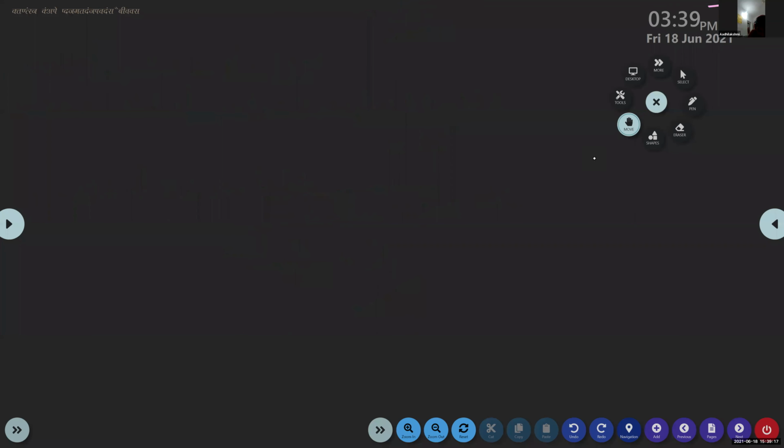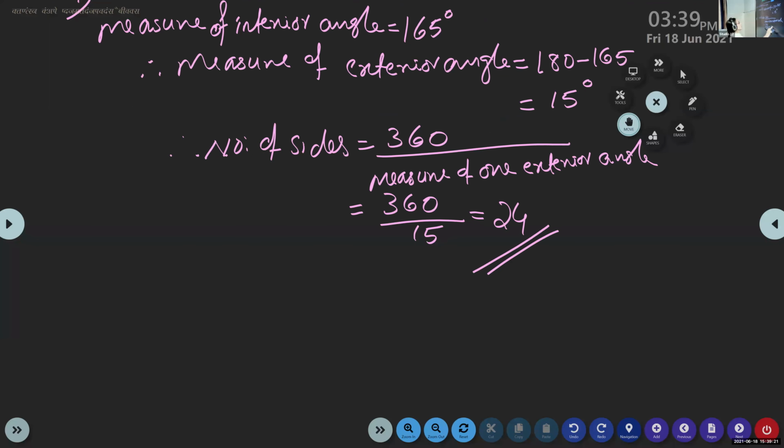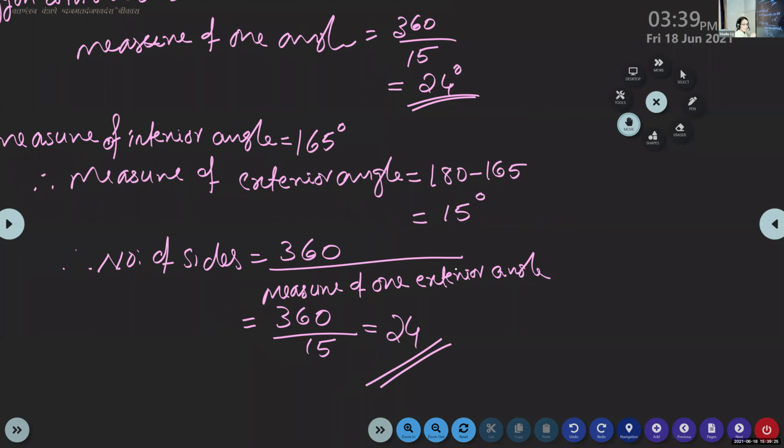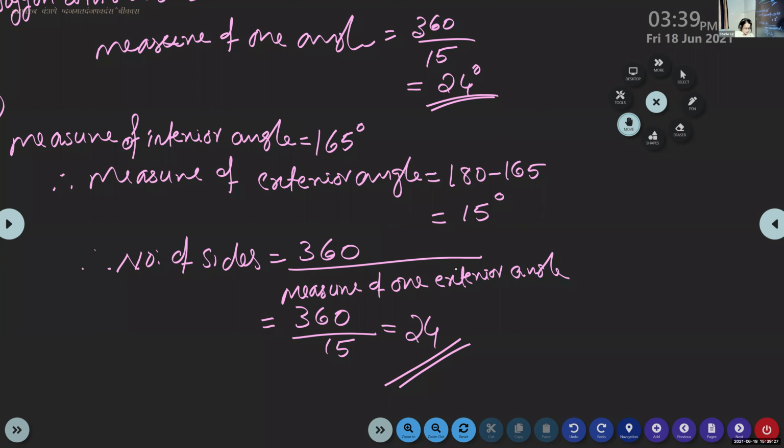So all of you think, what will be the minimum interior angle possible for a regular polygon? Minimum regular polygon is what? Equilateral triangle.